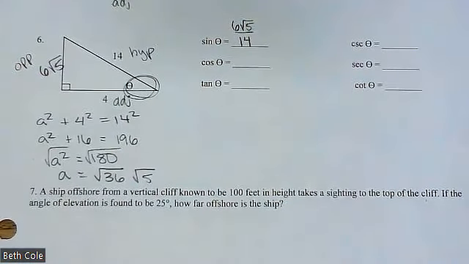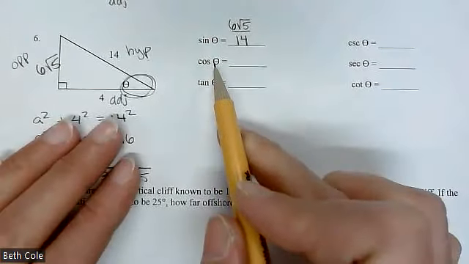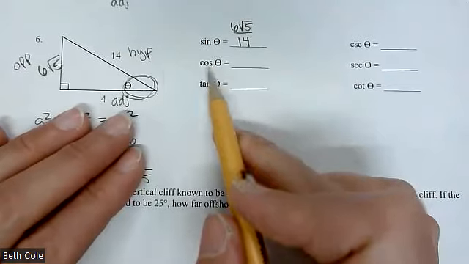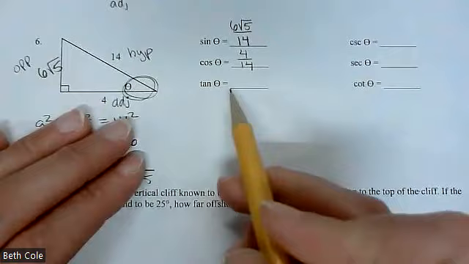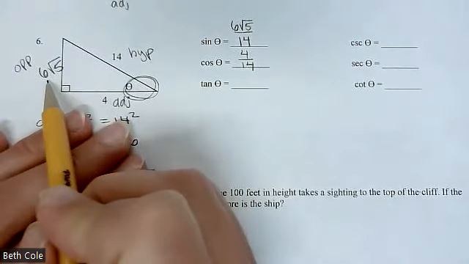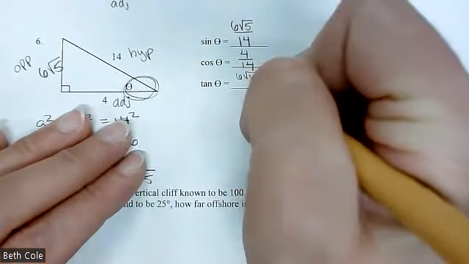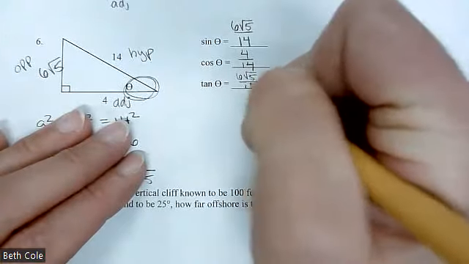I'm going to go through and just write them all out. A lot of them will need simplified, but let's just write them first, okay? Cosine would be what over what? 4 over 14. And then tangent would be 6 square root of 5 over 4.